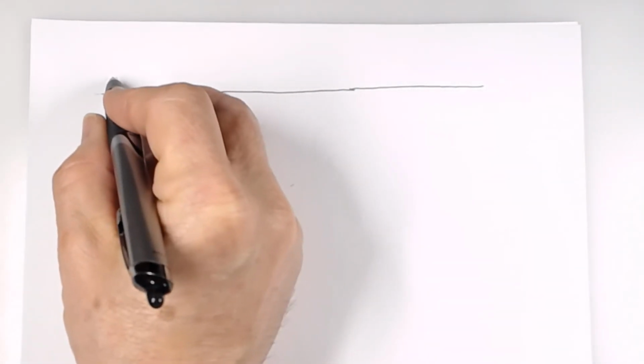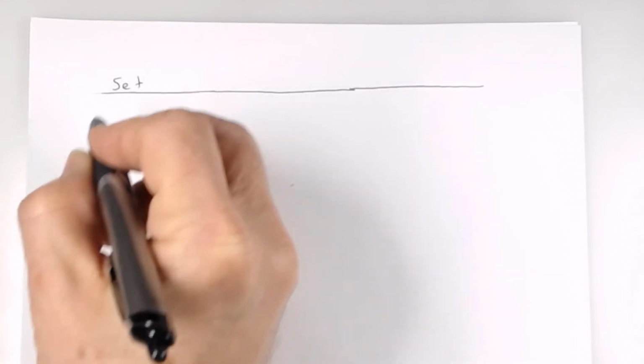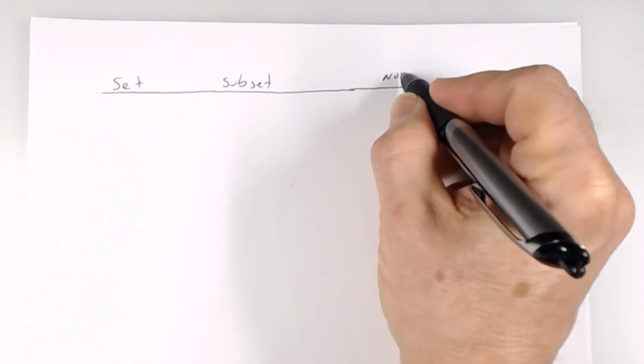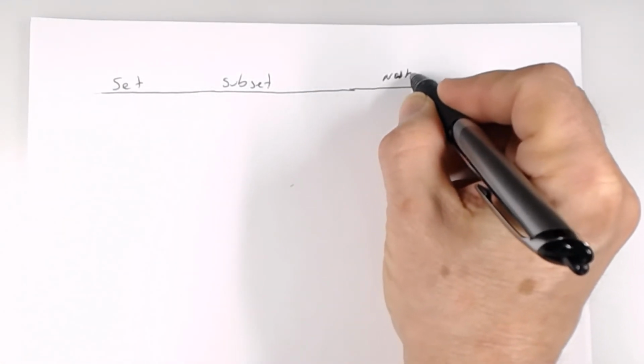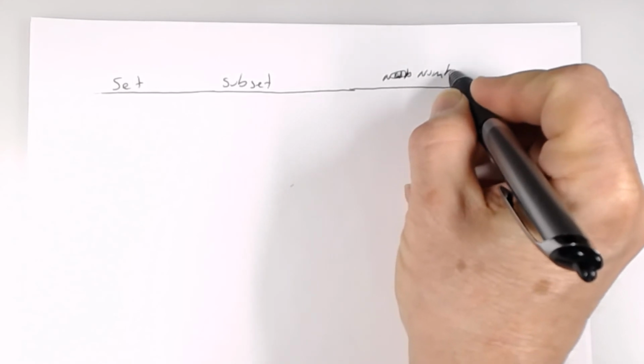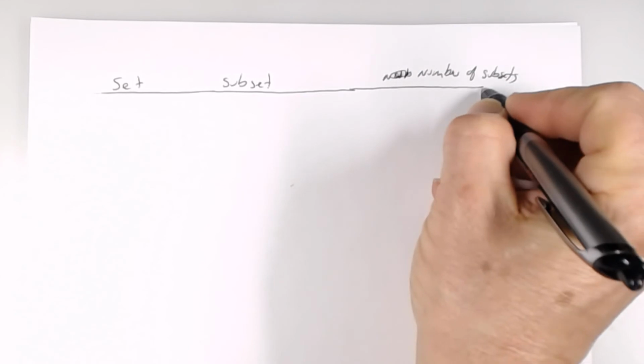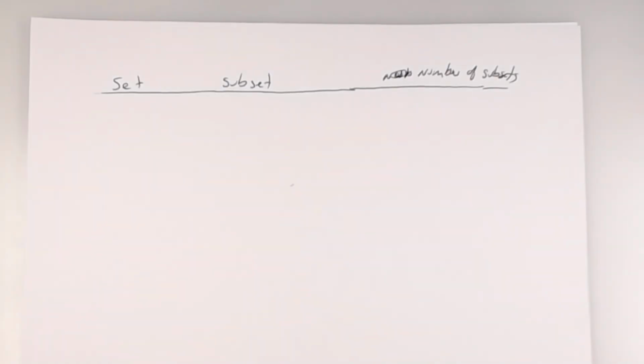I'm going to call this column the set, this column the subset, and then the number of subsets. So on the first column you'll have the word set, on the other column the word subset, and then we're going to talk about the number of subsets.